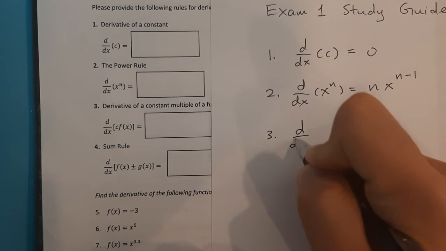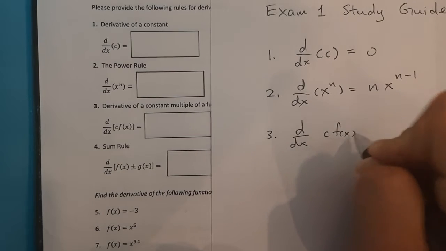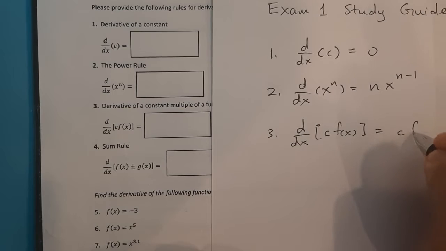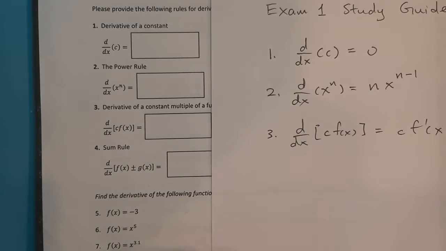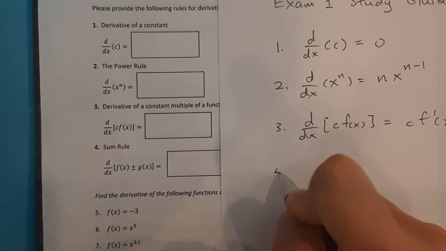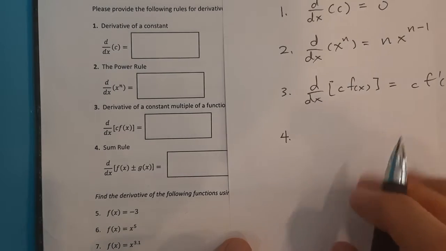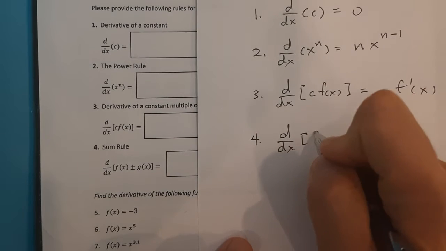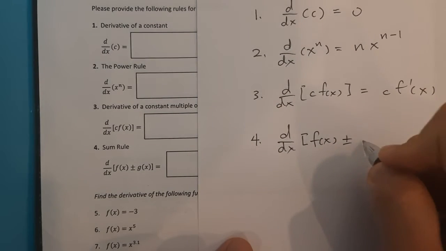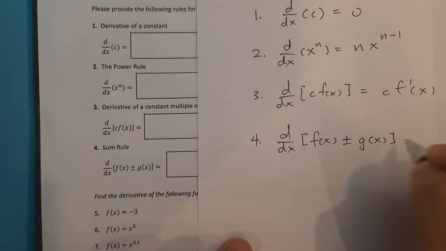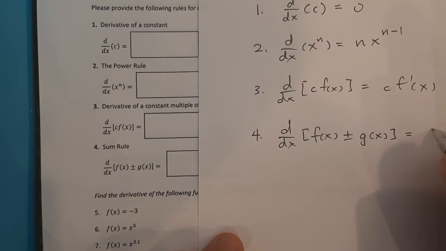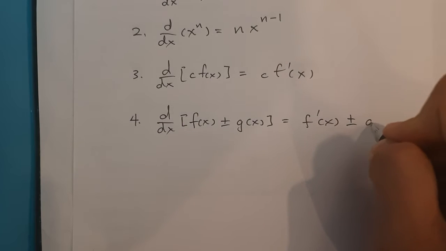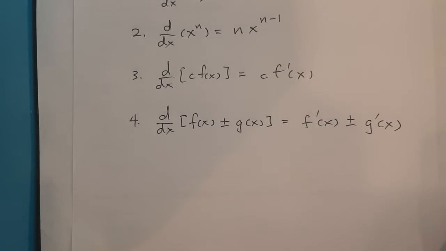For the derivative of c f of x, that's going to be c f prime of x. Then we also have the sum rule, d dx of f of x plus or minus g of x. That will equal f prime of x plus or minus g prime of x.